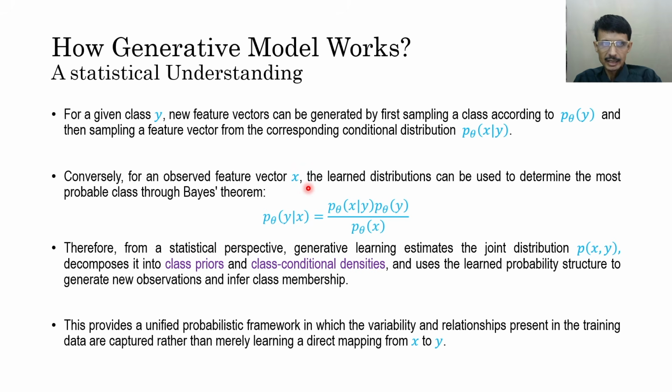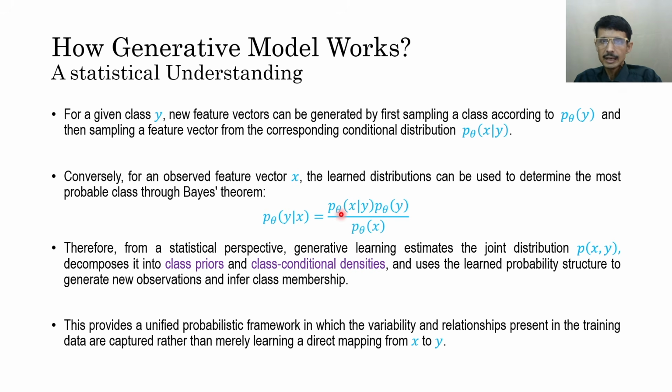Now, conversely, if we can observe a vector x, then given x, we determine the most probable class. So it is basically a classification task.